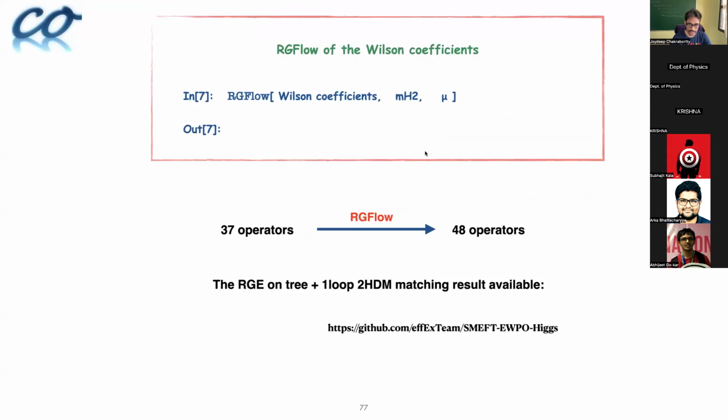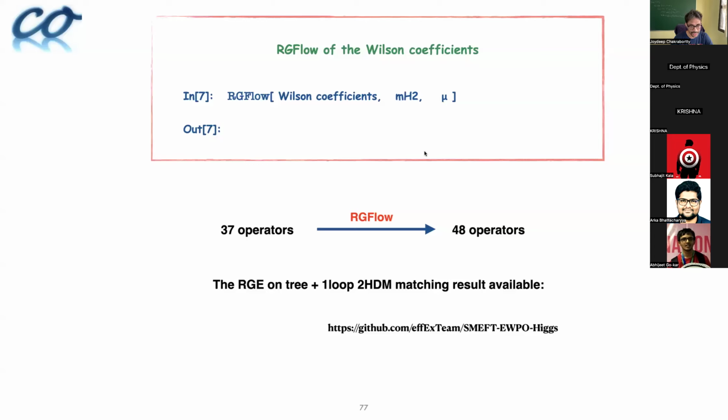Okay. So all these operators are generated at one loop at some lambda scale, right? And then, as I told you, at the end of the day, you have to see the status of these operators or their contributions. To really assess their impact, we have to bring them to the scale where the data is being collected.